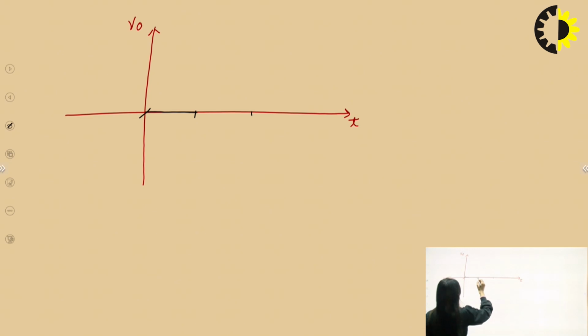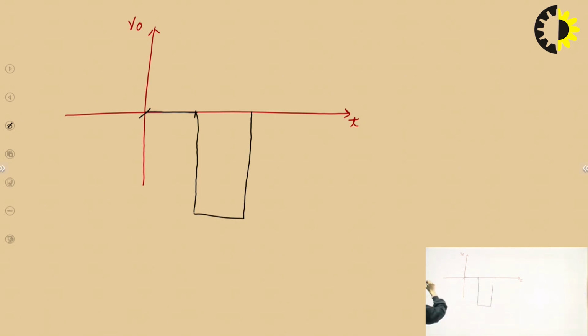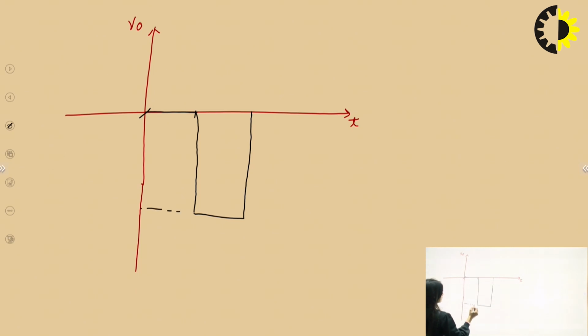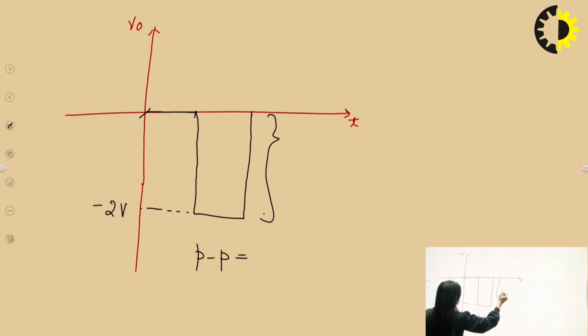And this is minus 2V. So here if I want to calculate the peak to peak, that is how much? 2V.